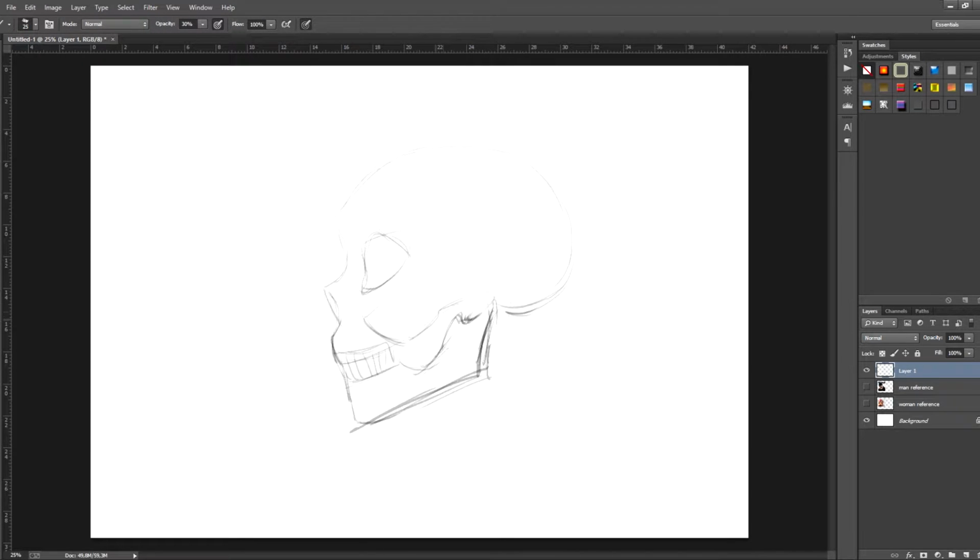With age, the bones you lose in the skull are the teeth. Observe the adult skull and where the teeth are placed.